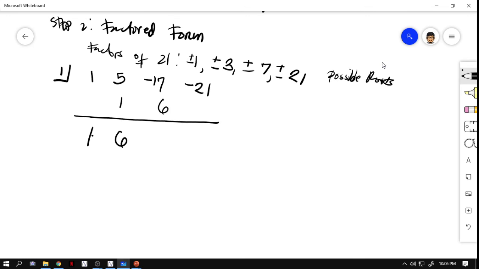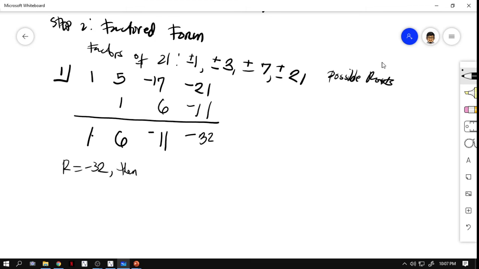Negative and positive, so minus. 17 is larger, so negative ang sagot. 17 minus 6 is 11, so negative 11. Negative 11 times 1 is negative 11. And negative 21 plus negative 11 is negative 32. So, R is equal to negative 32.